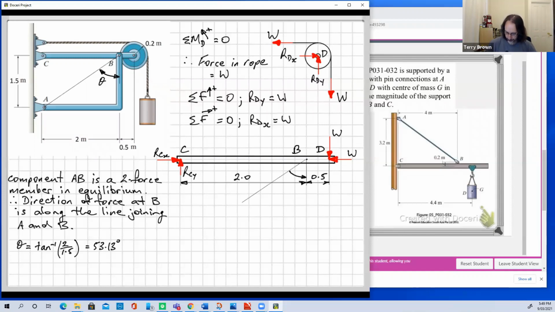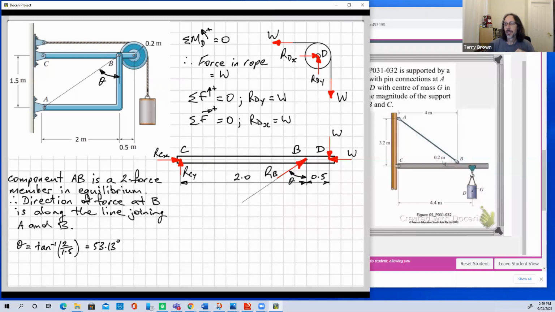All right, so I just put the line of action on there. I can do that first because it's a two-force member. And then our horizontal component passes through point C, and the vertical component will be the one that's resisting the moment generated by the weight.